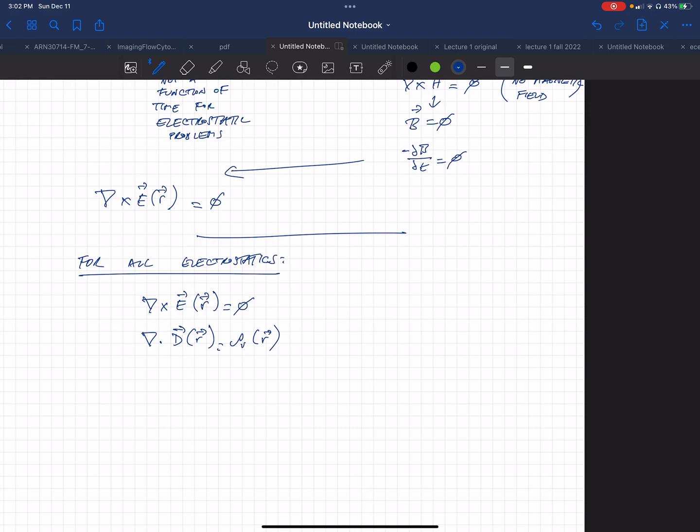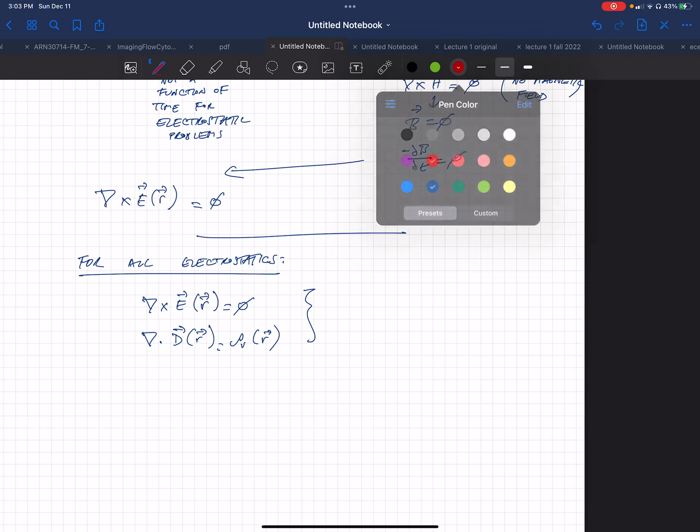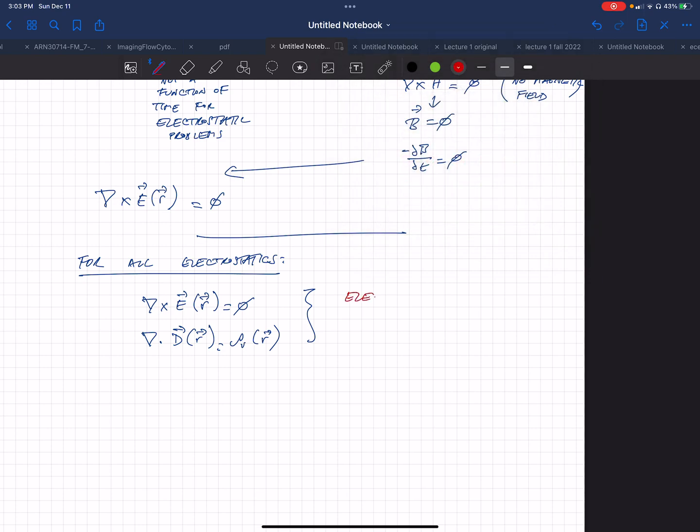And because there's no changing magnetic field and no magnetic field, period, we can say here that the electric and magnetic fields are decoupled.